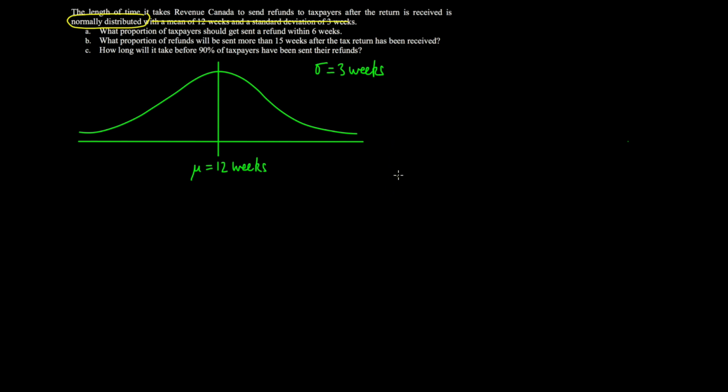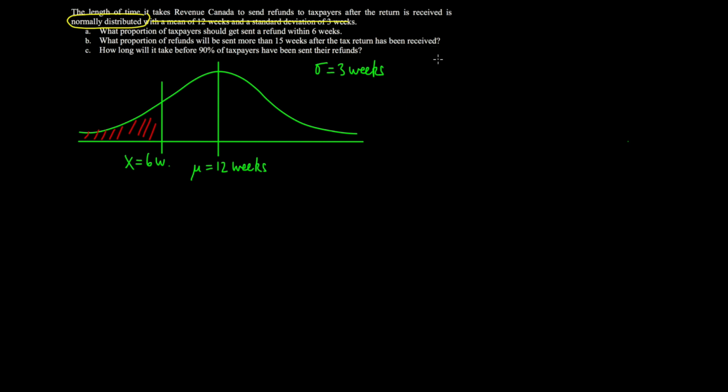Now, in part A, they want to know what proportion of taxpayers should get sent a refund within 6 weeks. Within 6 weeks, that would be this portion right here. So we want to know what percentage of people should get their tax refund in 6 weeks or less, right? Within 6 weeks means that it'll take no more than 6 weeks.